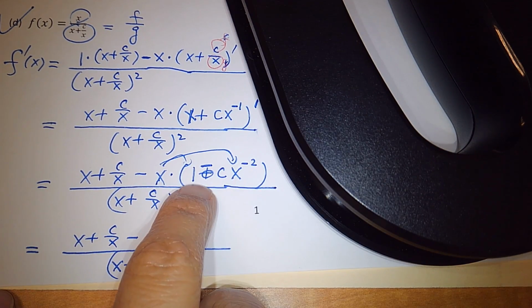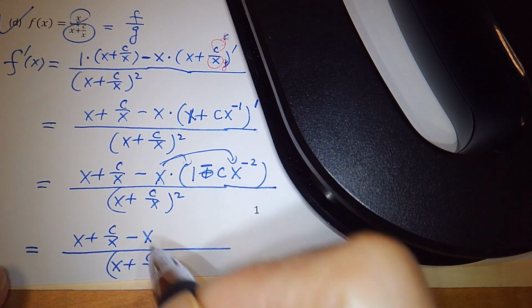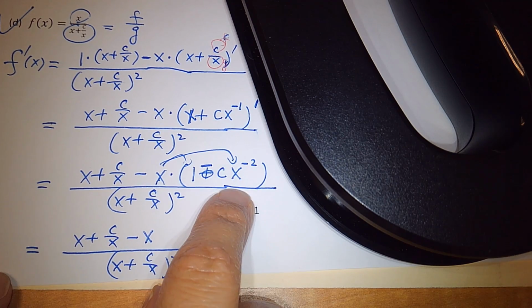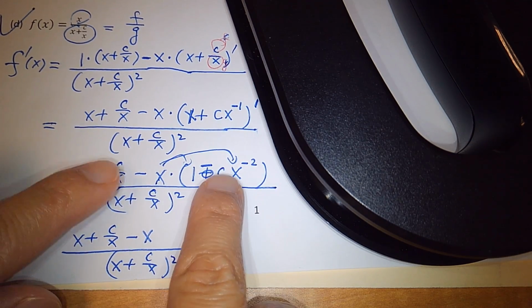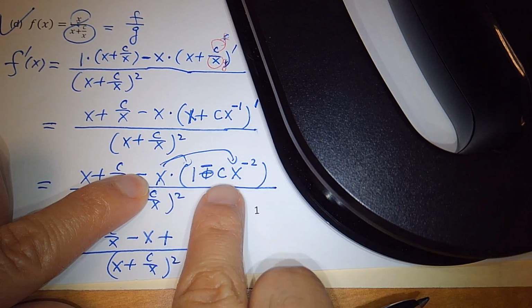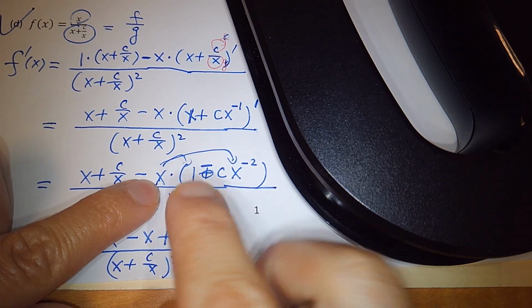Can we distribute the x? Yes. So negative x times 1, negative x. Negative x times negative c times x to the negative 2, negative, negative become what? Positive. c is a constant c.